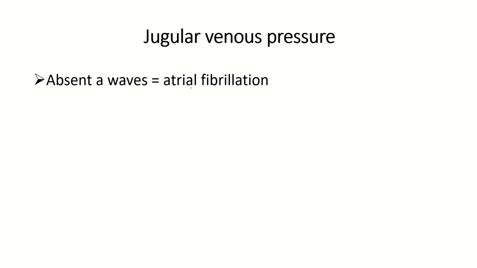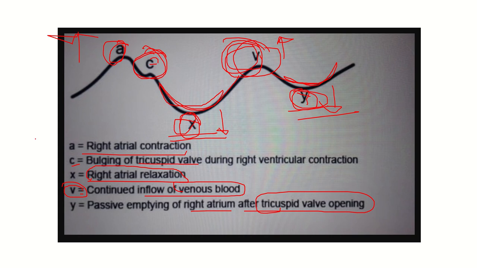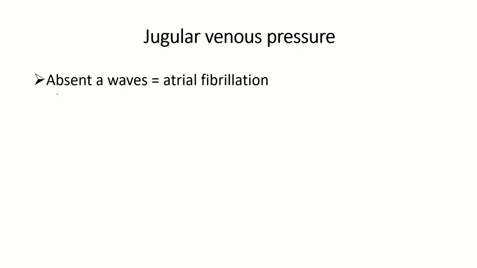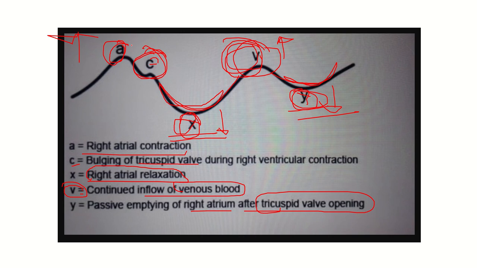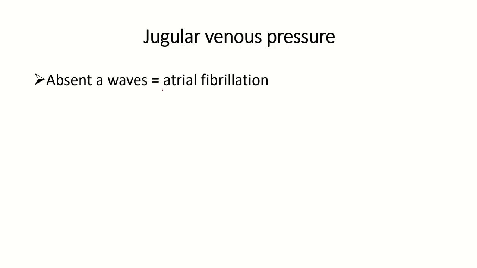So now here we can see the abnormalities of the jugulovenous pressure curve, and here we can see the absent A wave, that means absent atrial contraction. The absent A wave occurs due to atrial fibrillation.